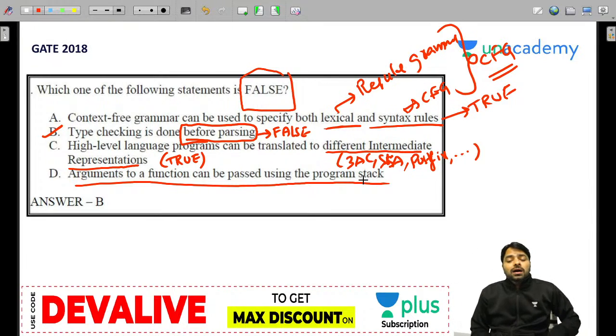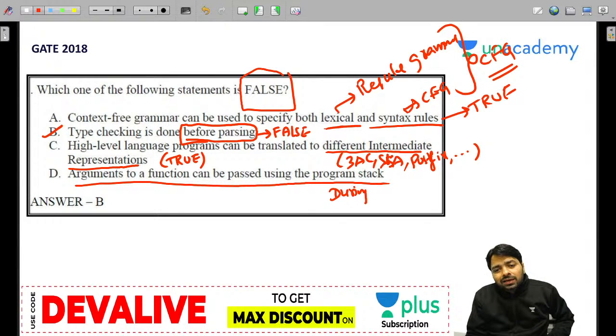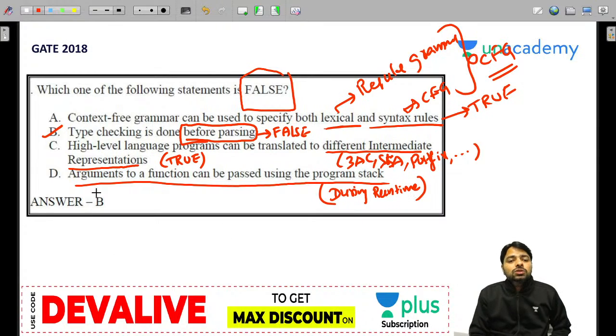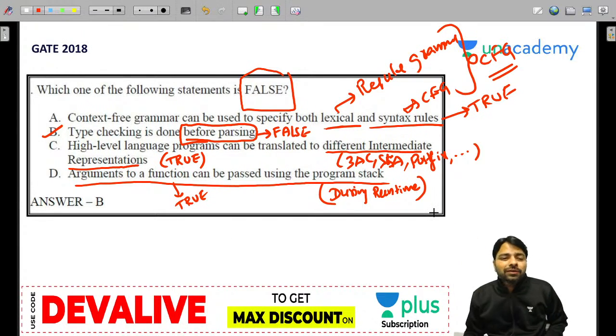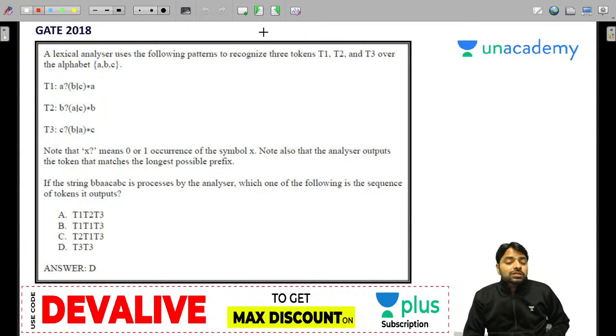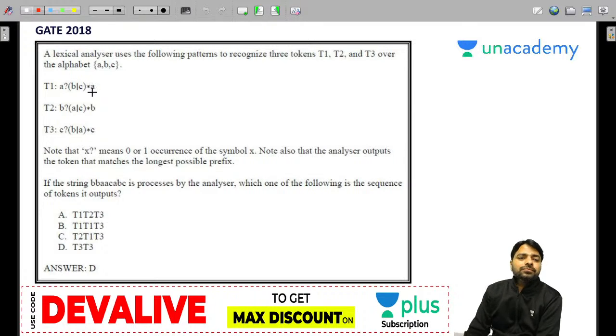Yes, if you want to pass arguments to a function, you need a stack during runtime. Remember that. During runtime, you have a runtime stack, and you can have a program stack separately. So this is also true. DAG is also there. You have so many for option C, right? Fine. Let's move on, guys. Look at how the questions are. They are easy, but they are going to take time when you do not know the concept. You can read this concept earlier also.